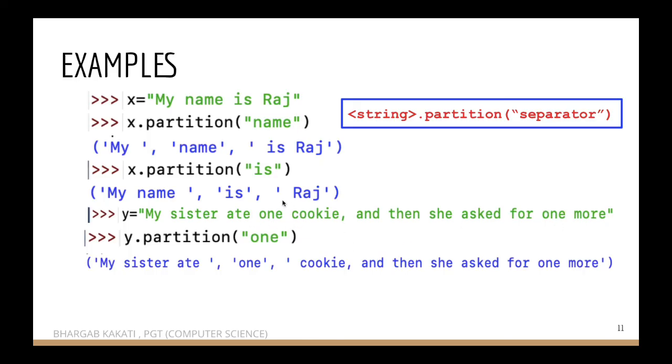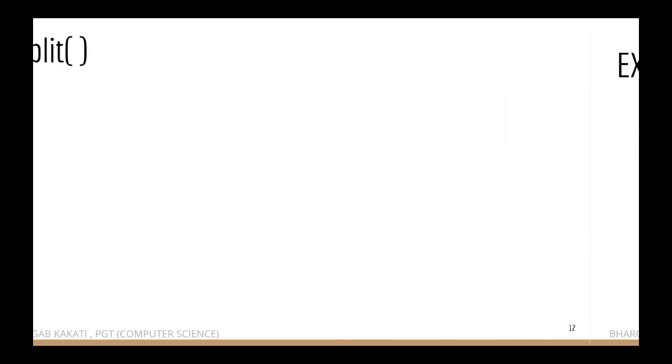But it will separate at the first occurrence of "one". So it will divide the entire string into three parts: before the separator, that is "my sister ate", the separator, that is "one", and the part after the separator, that is "cookie and then she asked for one more". So the entire string is divided into three parts. Is it clear? I hope that it is clear.